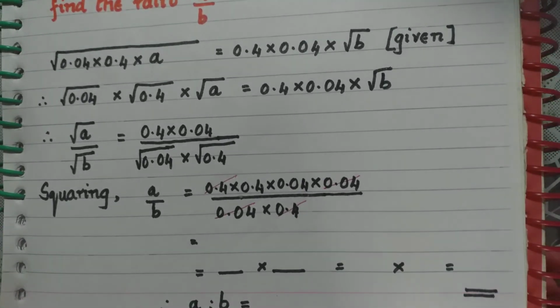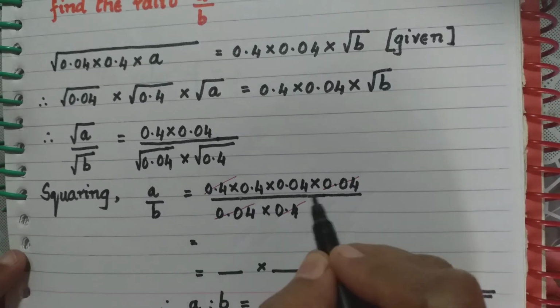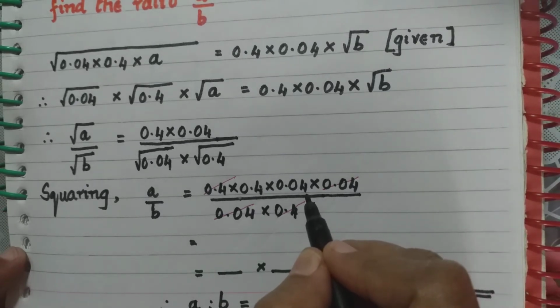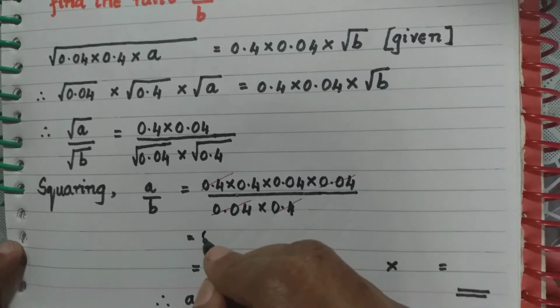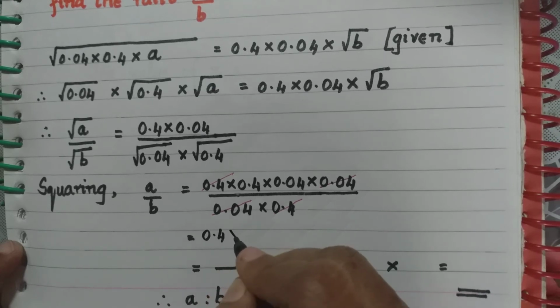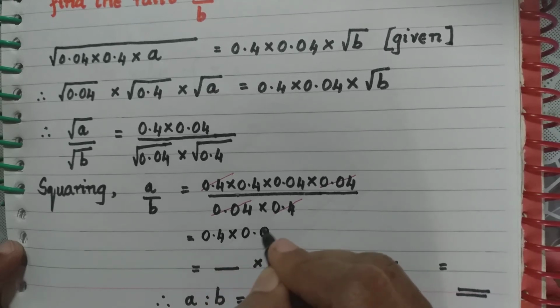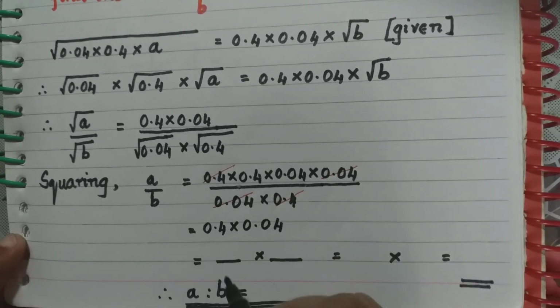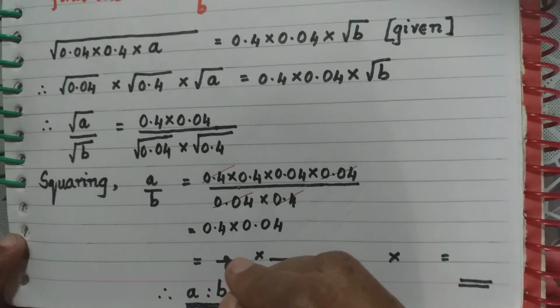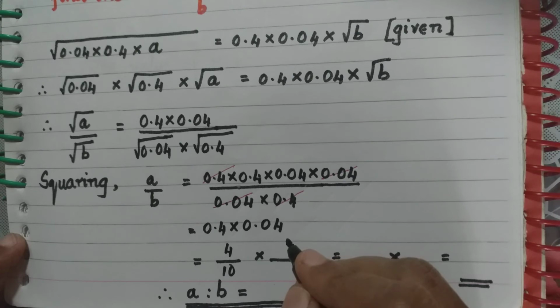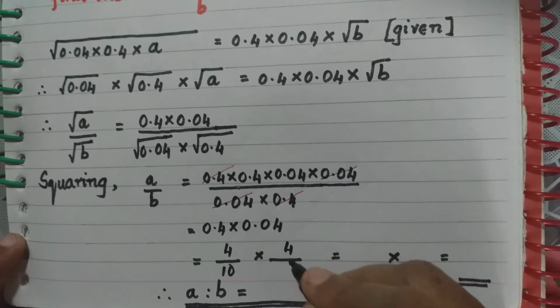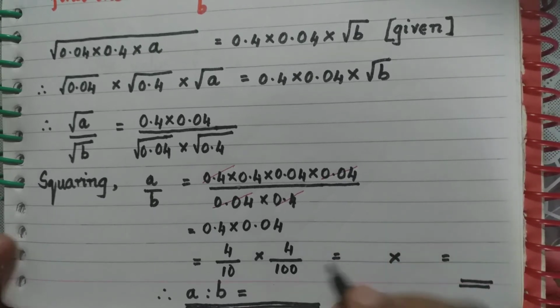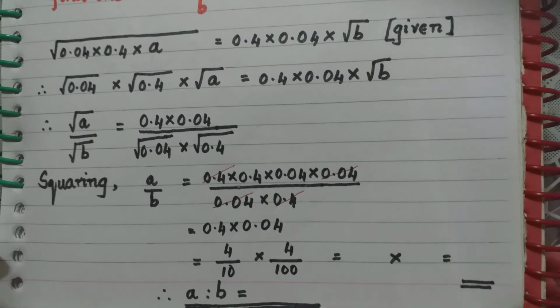I have here 0.4 into 0.04. So I write here 0.4 into 0.04. Now, what is 0.4? You see here I have to write in terms of fraction, that is 4 upon 10. What is 0.04 in terms of fraction? 4 upon 100. Let me try to simplify this now.